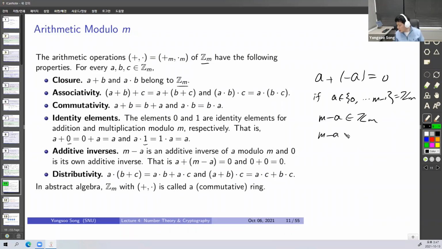And m minus a is also congruent to m modulo m minus a modulo m. So in the set of modular integers, m minus a is actually the same as minus a. So we can say m minus a is the additive inverse of a. And it also satisfies the distributive law. You can easily prove these properties.